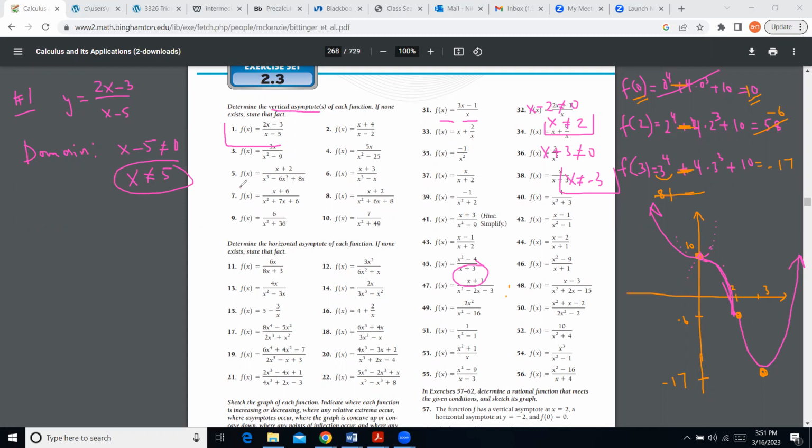If I try exercise number 7, it will be done in the exact same way. I will care only about the denominator. In fact, this denominator I can possibly factor, with numerator x plus 6 over x plus 1.